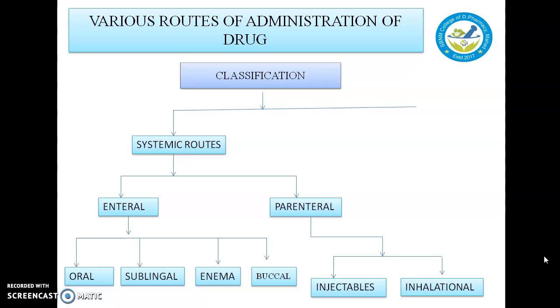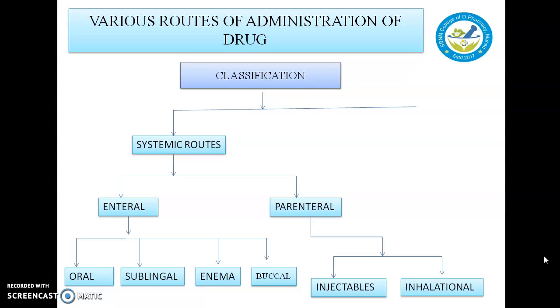In that route, a drug in the form of solution or suspension is injected into the body with the help of a hollow needle and syringe. The injectable route involves the following routes: intradermal route, intravenous route, intramuscular route, subcutaneous route or intra-arterial route.